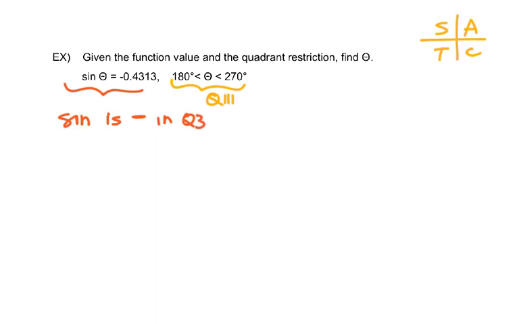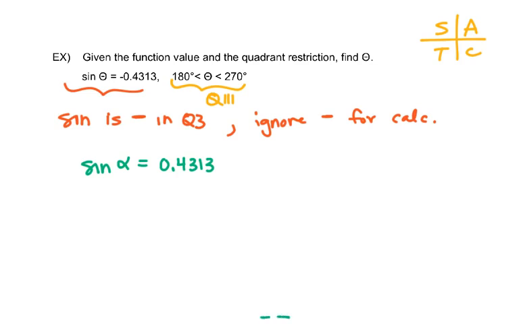So for calculation purposes, we can ignore the negative. Let's think about this as a smaller angle. I'm going to say we have sine of alpha is positive 0.4313. If I was to solve for alpha, I would get that alpha equals sine inverse, remember we use an inverse operation, of 0.4313.